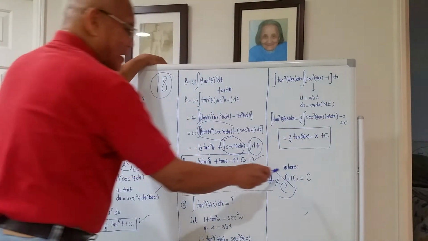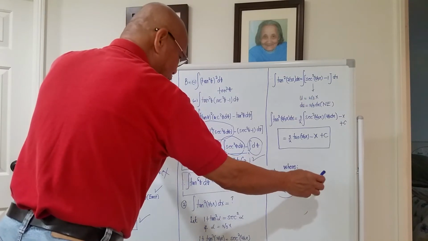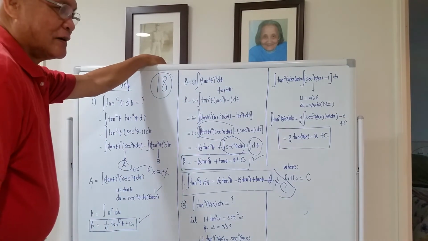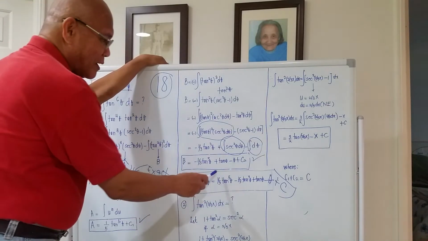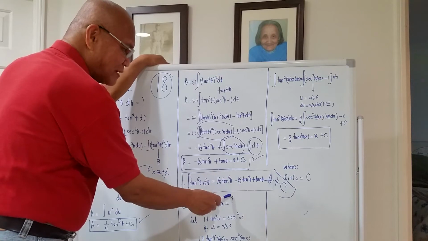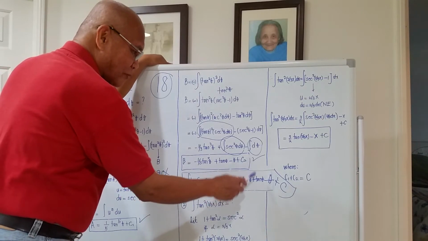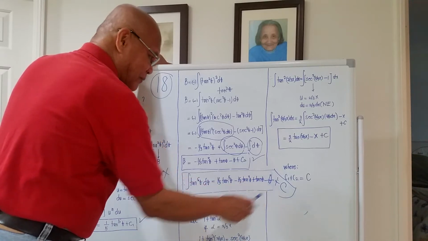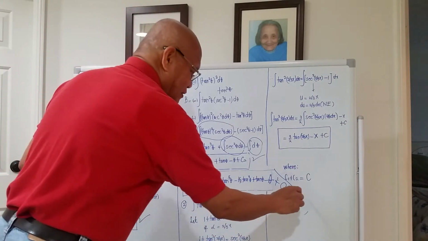The value of C1 and C2, we will just simply put capital letter C. It's a pure constant. Therefore, the final answer will be, I will repeat it for the last time, 1/5 tangent to the 5th of theta minus 1/3 tangent cube of theta plus tangent of theta minus theta plus C. That's the final answer.